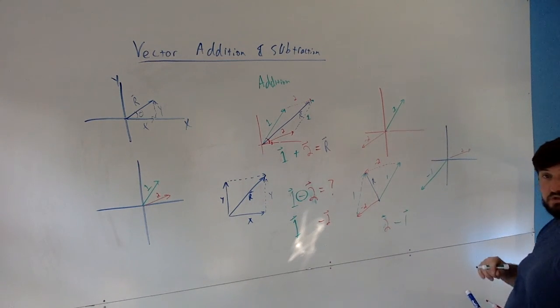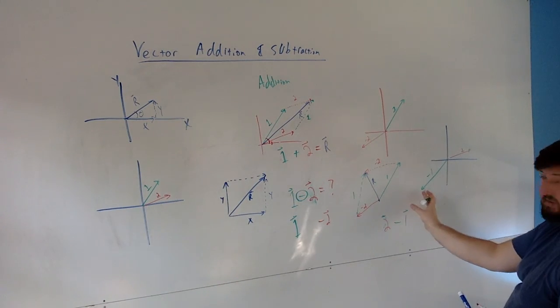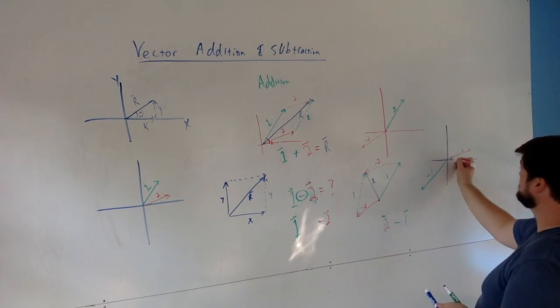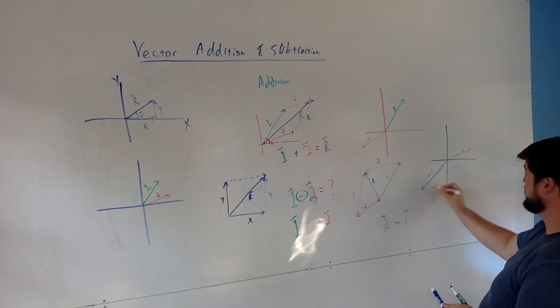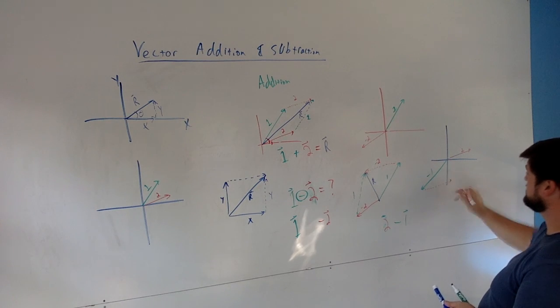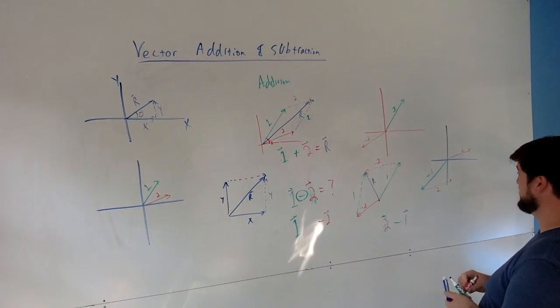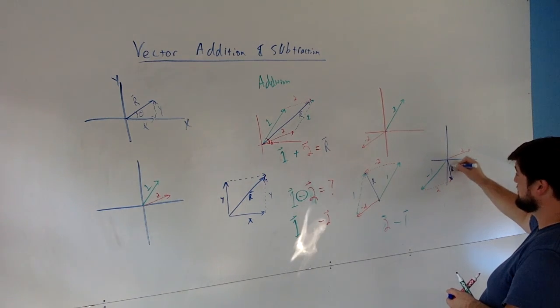Okay, so what I really have now, I don't have 1, I have minus 1, and I have 2. So if I want to add those things up, well, I need to take 2 and slide it over to the head of 1. Sorry, the tail of 2 needs to go to the head of 1, or vice versa. So if I put 2 on 1 here, here's my vector 2. And now notice my resultant vector is actually headed down like this.